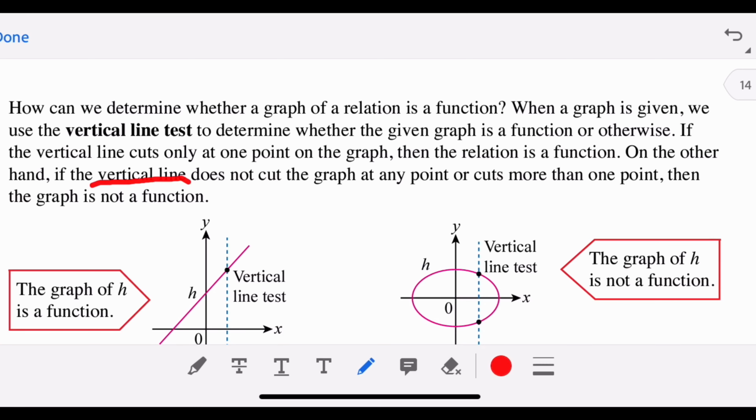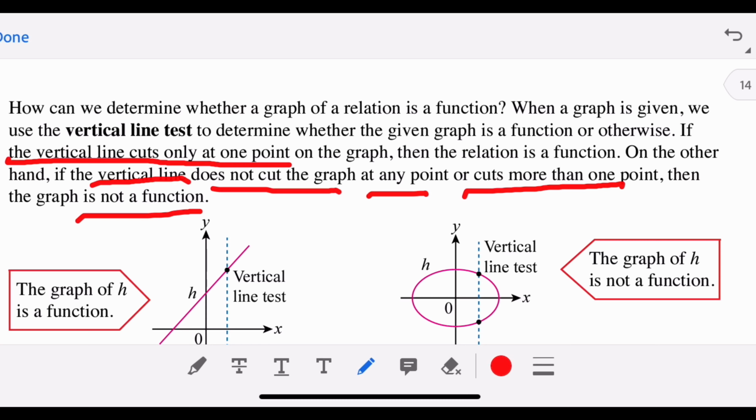If the vertical line does not cut the graph at any point or cuts more than one point, then the graph is not a function. If the vertical line cuts only at one point, then the graph is a function.